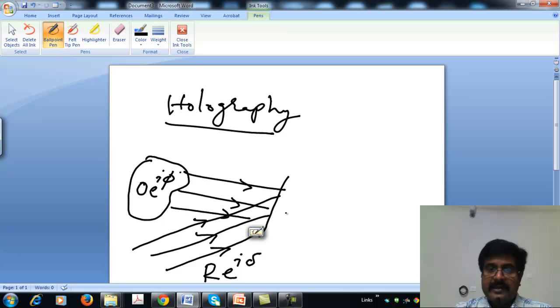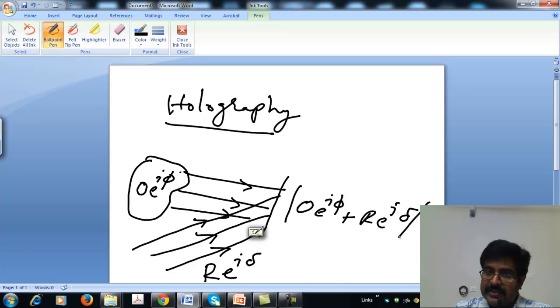Now the detector is again a square law detector, but what does it detect? The superposition O e^(i phi) plus R e^(i delta), where delta is the phase of the reference wave. Again, square law detection.